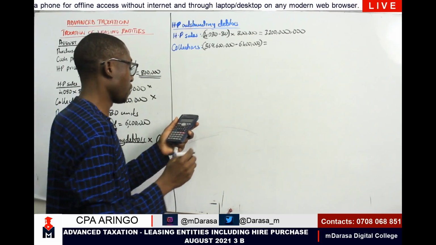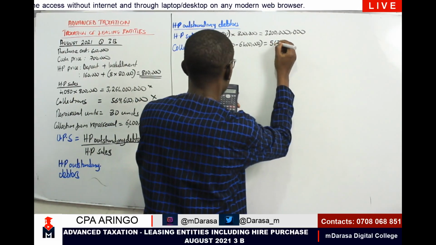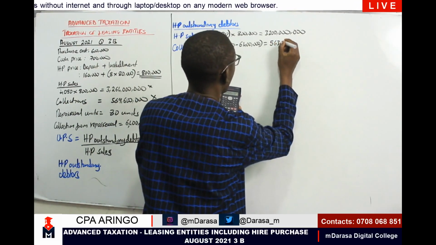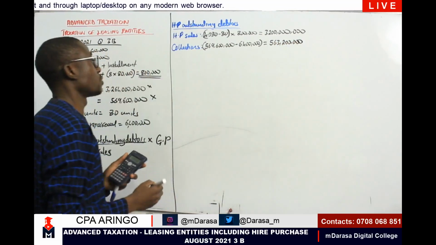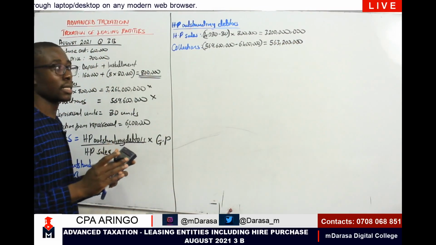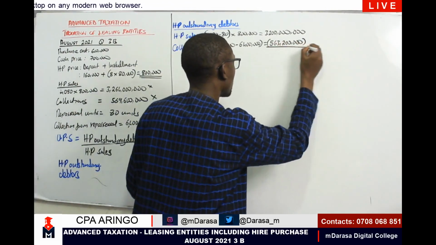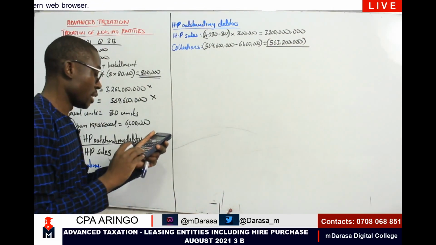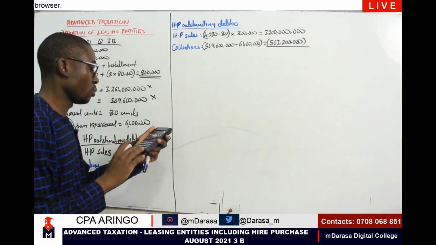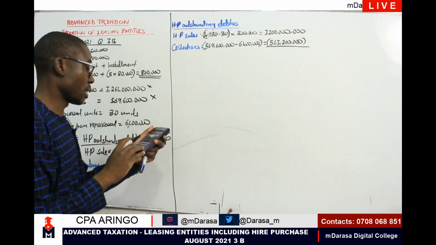That should give me a figure of 563,200,000. So that is what we collected, meaning that whatever remained will give us our outstanding debtors.